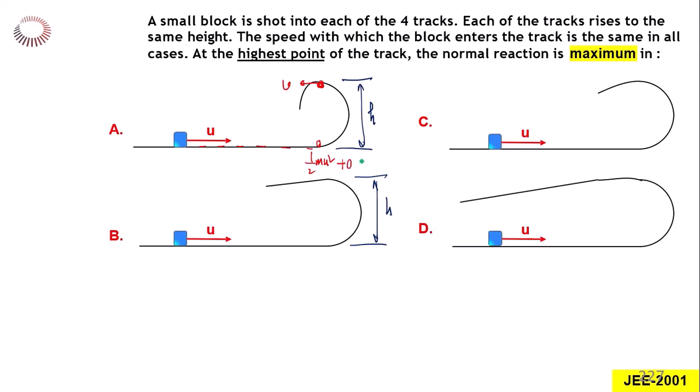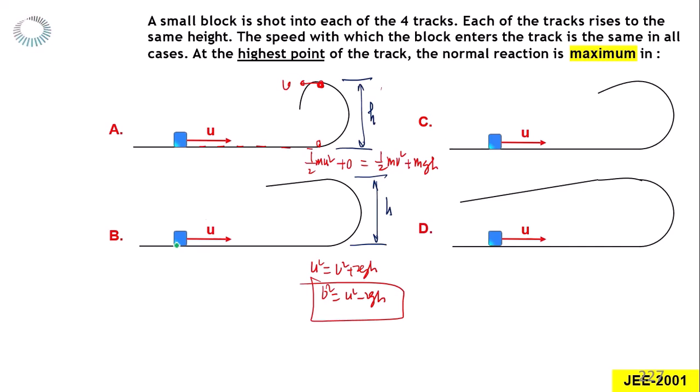So half mu square should be equal to half mv square plus mg into h, because for each and every track the height is h. If I calculate the v square number, I get u square equals v square plus 2gh. That means v square is equal to u square minus 2gh. That number is the same for each and every track.